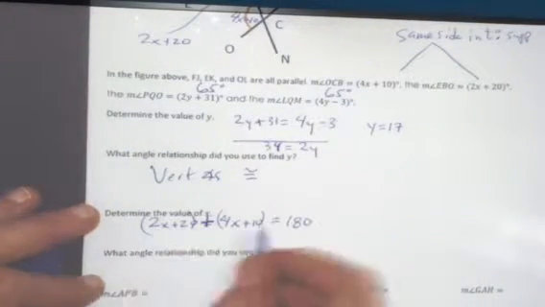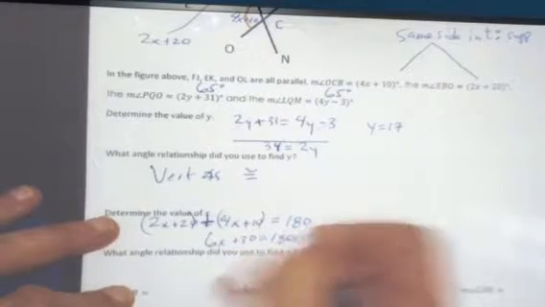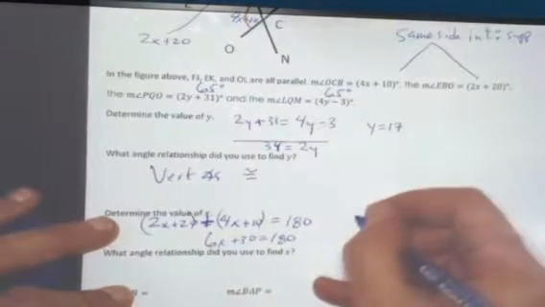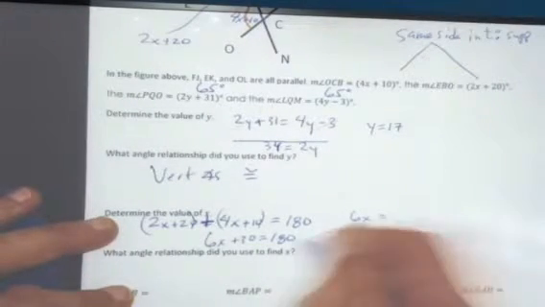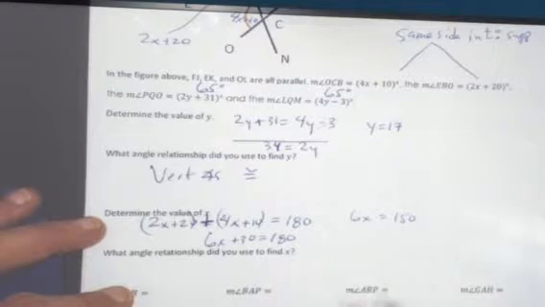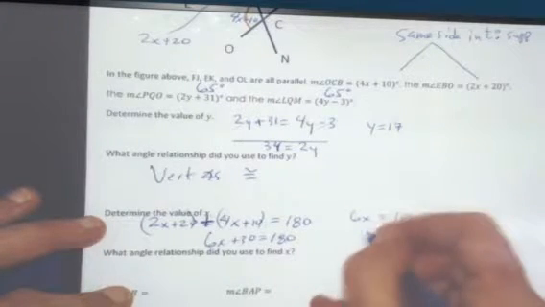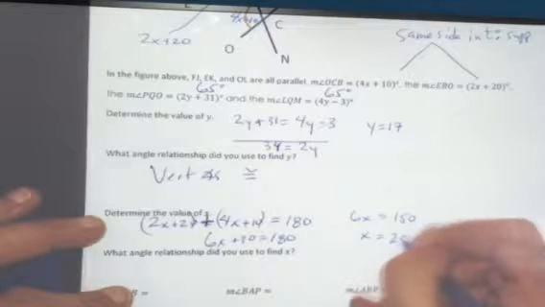So this is 6x plus 30 equals 180. We subtract 30 from both sides, and now we have just 6x equals 180 minus 30, which is 150. We divide both sides by 6, and we get x equals 150 divided by 6, which is 25.